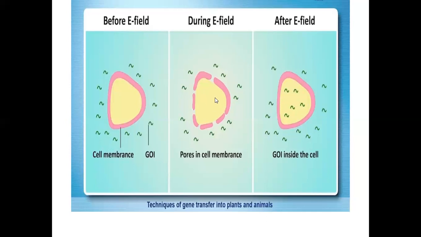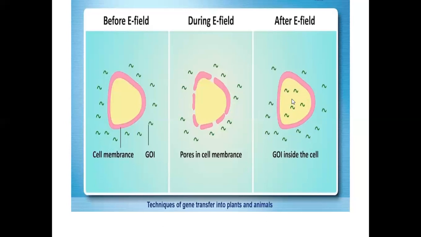If the target cells have received the target DNA, the pores are closed. Means once the gene of interest is received by the host cell or target plant cell, the pores are closed in the plasma membrane.